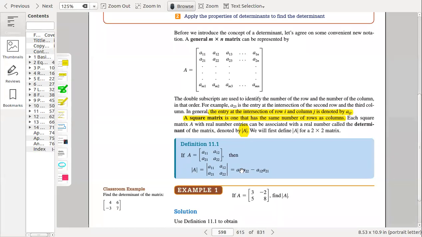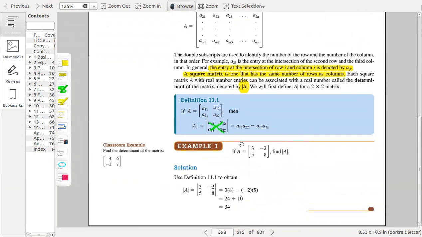Now how can we find the determinant? We multiply the first diagonal, A11 with A22, and then subtract the product of the entries of the other diagonal, A12 and A21.